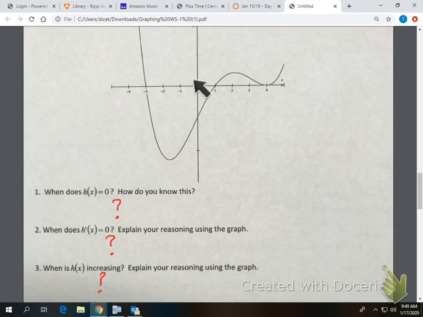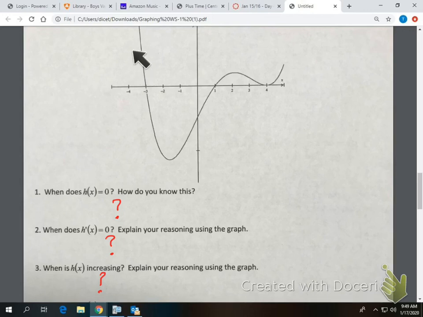Where our graph's negative. Where's our graph negative at, guys? Negative 3 to 1, because the graph's below the x-axis. What's that mean then? If my second derivative is negative, the original function was concave down.